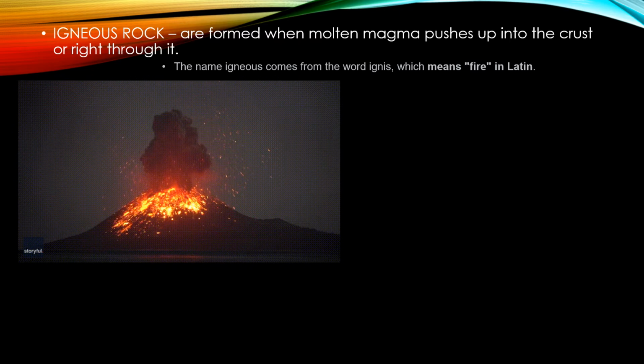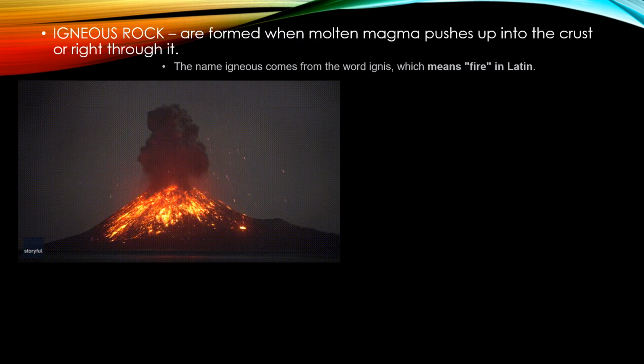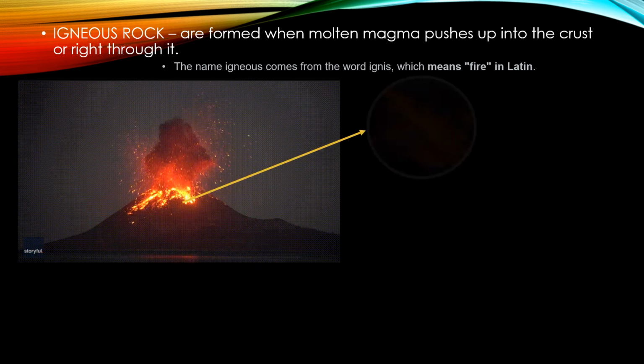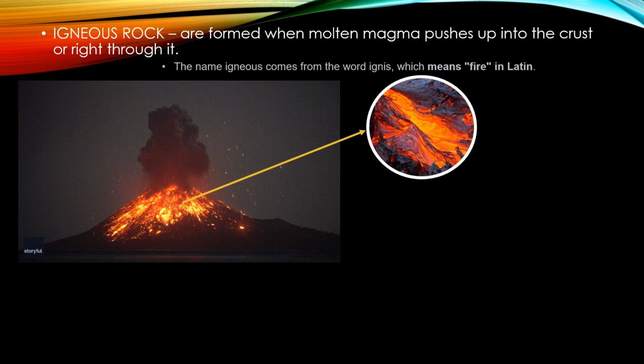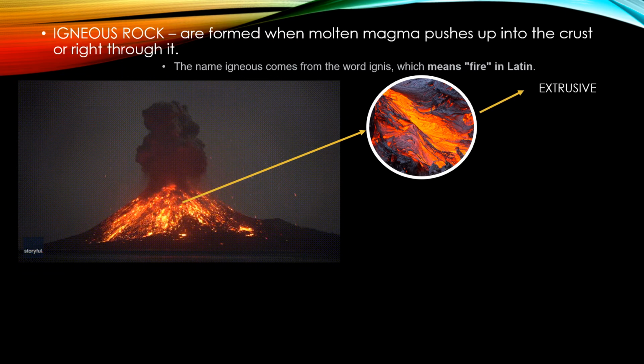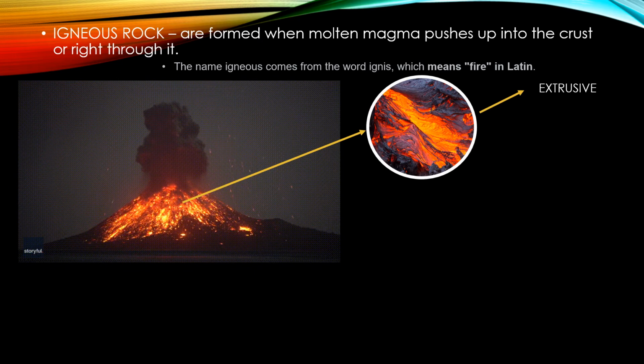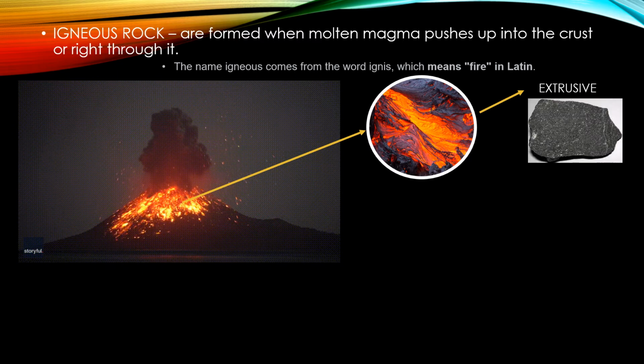So as you can see in the picture, there is a volcano that erupts magma. So the magma that erupted by the volcano and becomes hardened will become extrusive igneous rock. So one type of extrusive igneous rock is basalt.